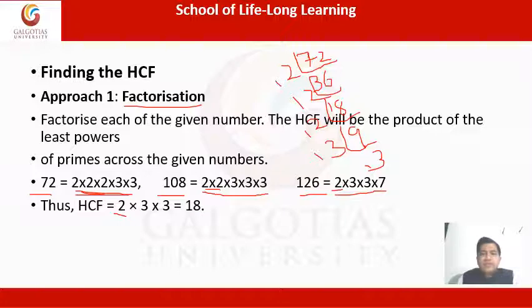Then in case of 3, here two 3's, here three 3's and here two 3's. So that is 3 into 3. 7 is not common. So the highest common factor is 2 into 3 into 3, that is 18. Correct? So this is how we do it through the factorization method.